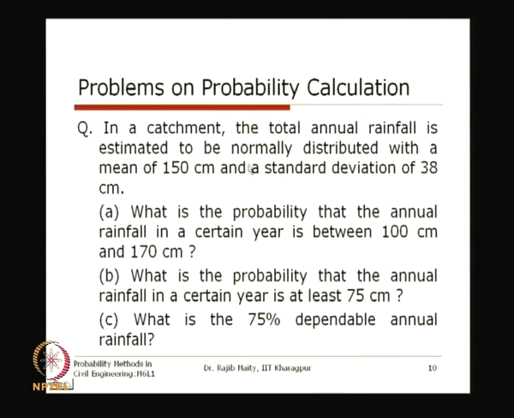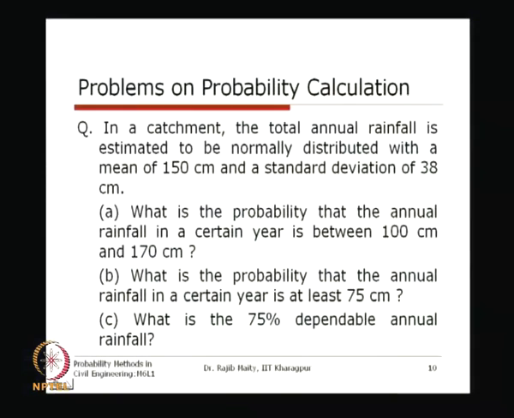Here lies the question that we started with in this lecture: whenever we start a problem, we state that a particular random variable follows a normal distribution. Once we say normal distribution, the parameters also have to be known. Here the mean and standard deviation, the 2 parameters of the normal distribution, are known.